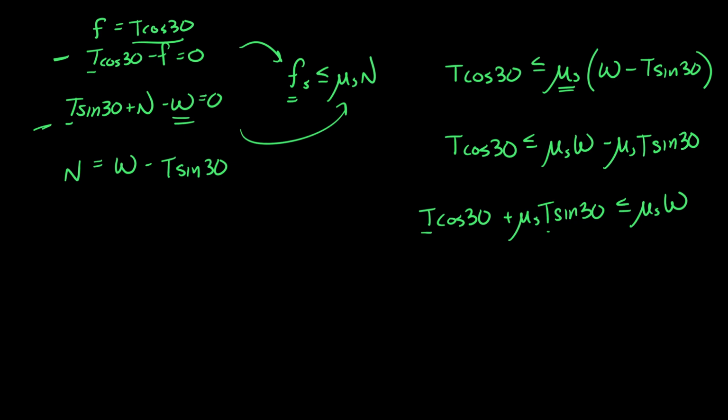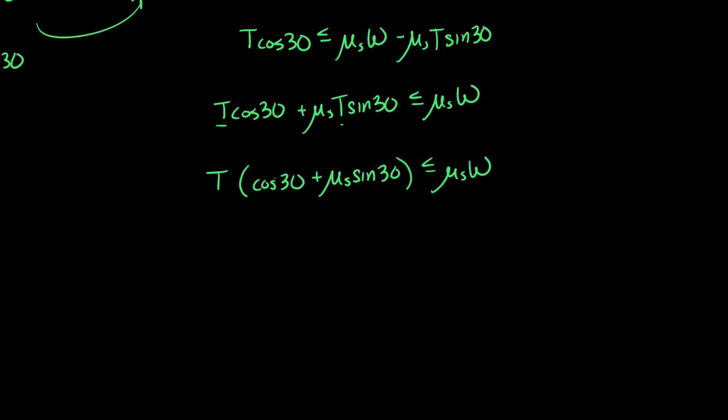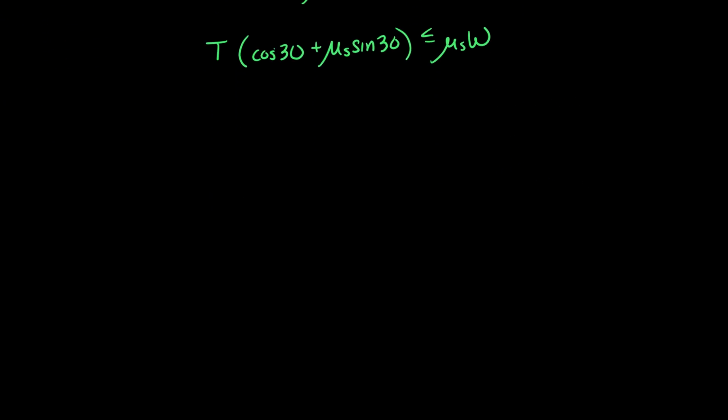Now, again, I'm trying to solve for T, so I'm going to factor the T out. Now I just need to divide, right? Do you guys see that? So I'll divide both sides by all of this.